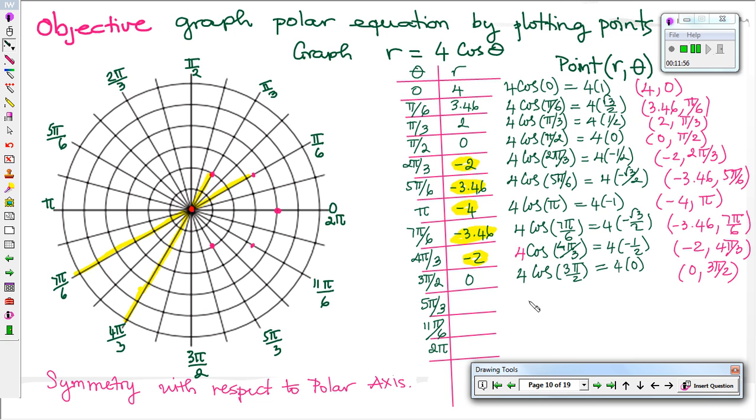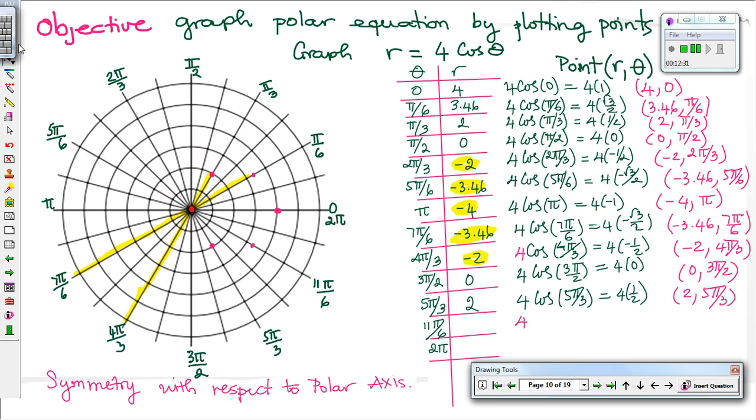Okay, next one, we'll look at 5 pi over 3. So we do 4 times cosine of 5 pi over 3, which is 4 times 1/2. So that gives us 2. So we have the point 2, 5 pi over 3. I'm going to go ahead and plot the point of 5 pi over 3 and 2.